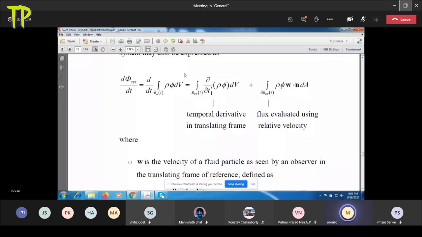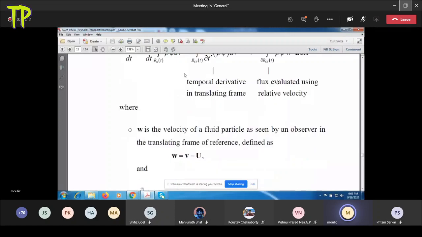I've gone to great lengths to explain the difference between del/del t and del/del t prime. So this is the temporal derivative in the translating frame. And here you have the relative velocity, W. If you have the absolute velocity here, then this is the del/del t in the stationary frame. It is equivalent to this equation where you use the relative velocity here and del/del t prime over here. So this is the flux evaluated using the relative velocities.